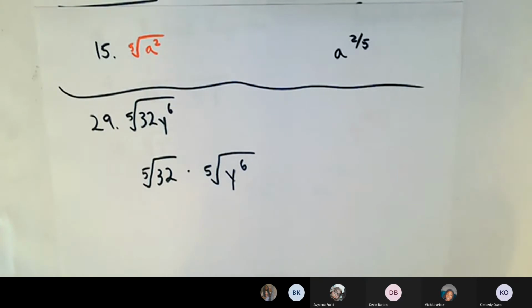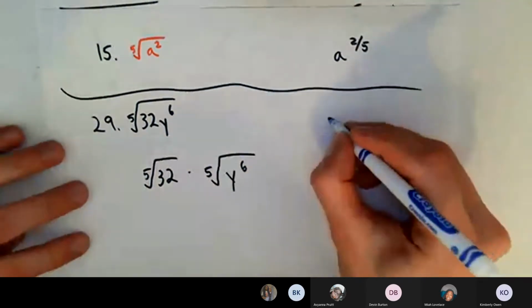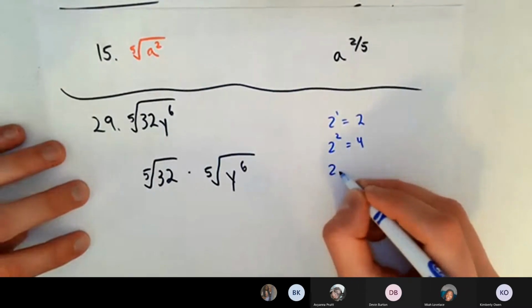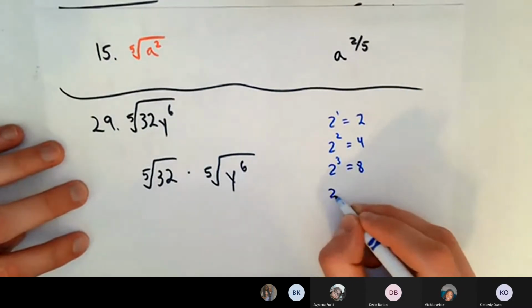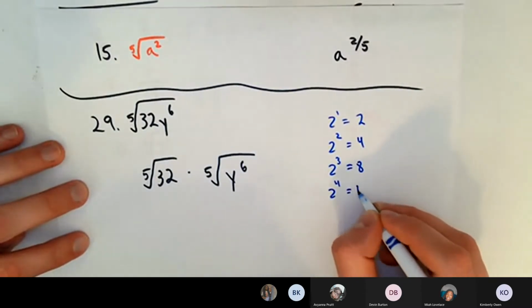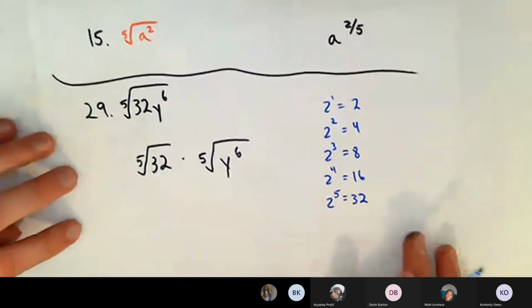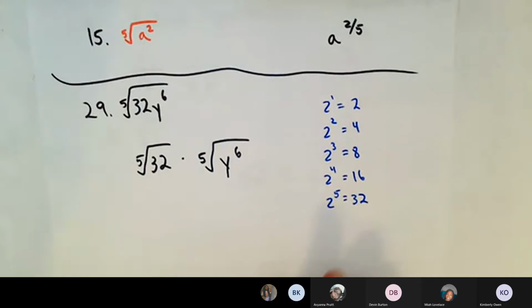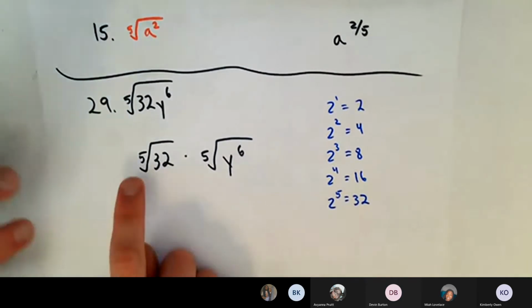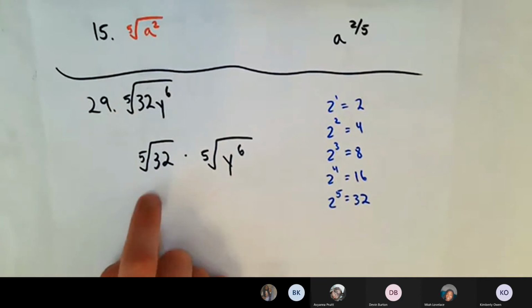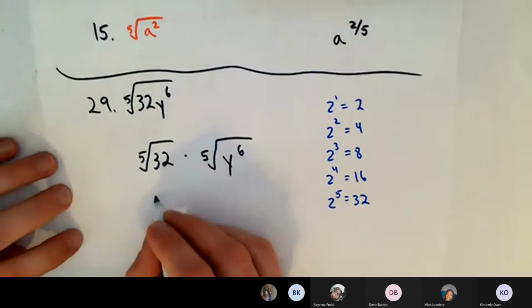I would know the powers of 2 up to like 8 or so. 2 to the first is 2. 2 squared is 4. They double each time. 2 cubed is 8. 2 to the 4th is 16. 2 to the 5th is 32. So that's what I'm looking for here. If 2 to the 5th is 32, and I'm asking for the 5th root of 32, then that should just be 2.